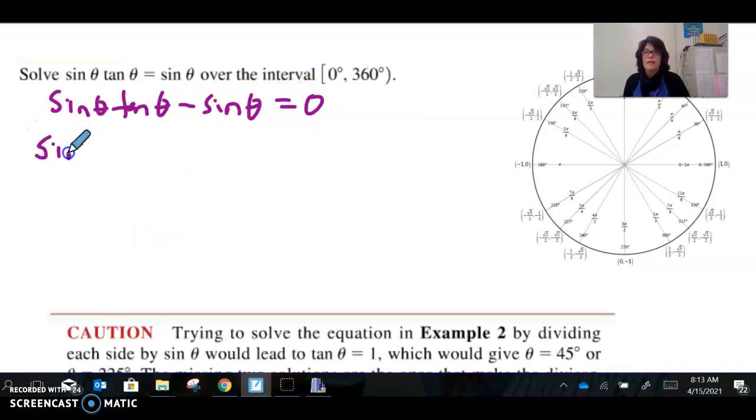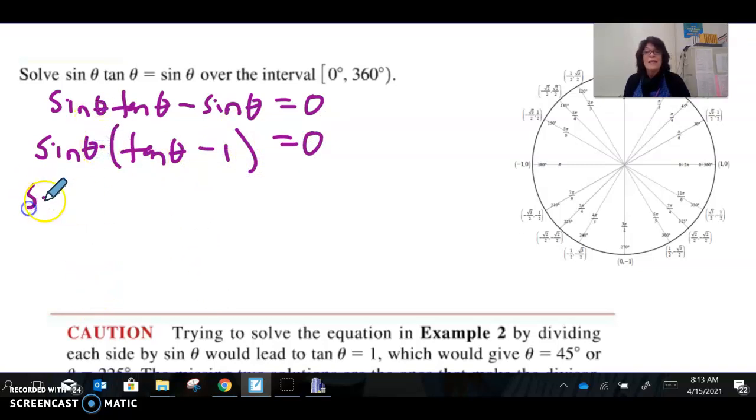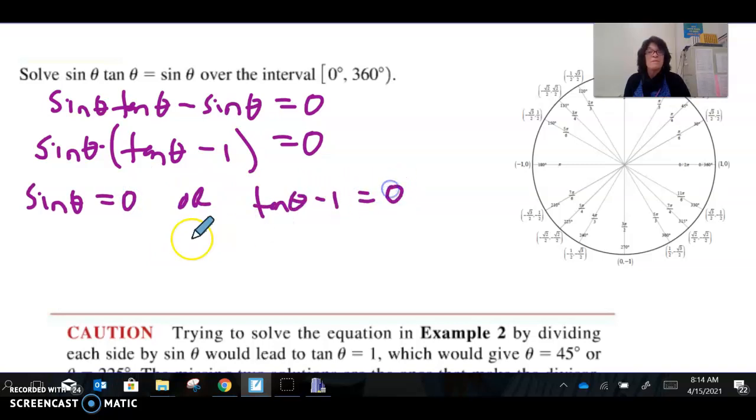I'm going to bring my sine theta out. Tan theta minus 1 equals 0. Factoring. The reason I do that is now I can say, well, this can happen 2 times, either when sine theta is 0 or when tan theta minus 1 is 0. In other words, when tan theta equals 1.